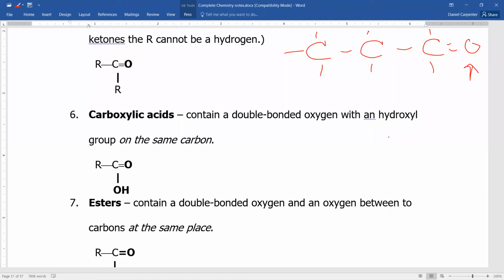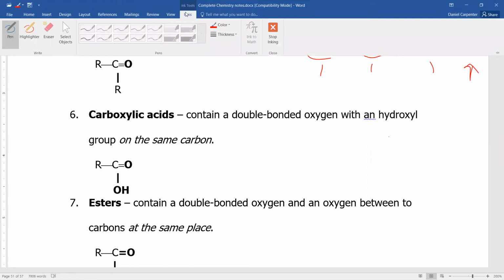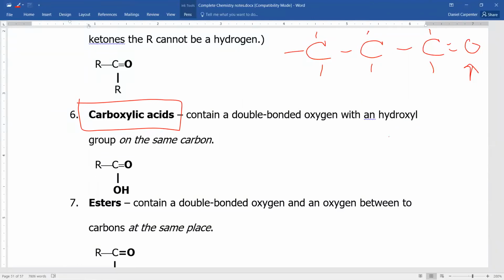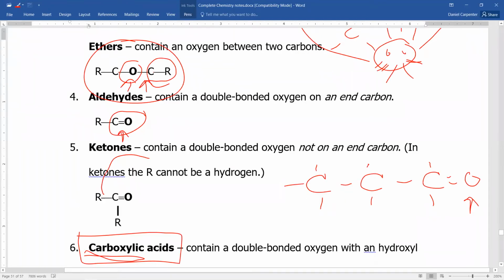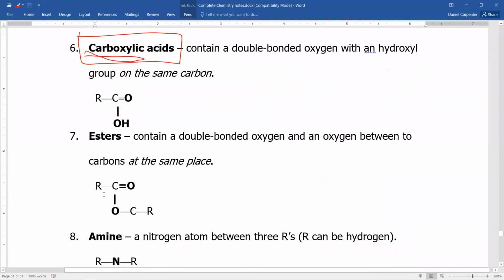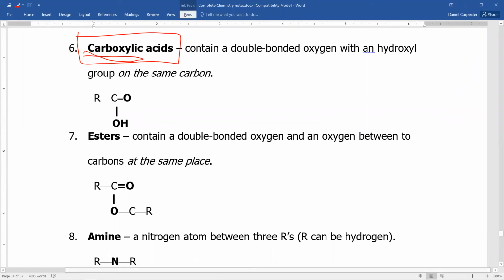All right, the next one on our list is carboxylic acids. Now, carboxylic acid is an acid. The carboxylic part of the name means that it has this.